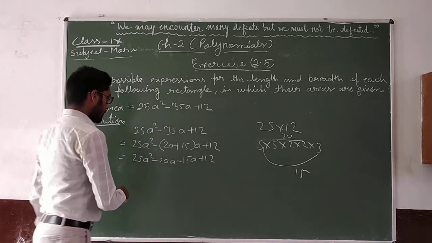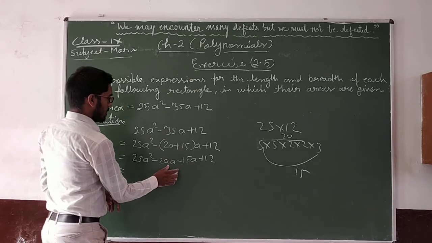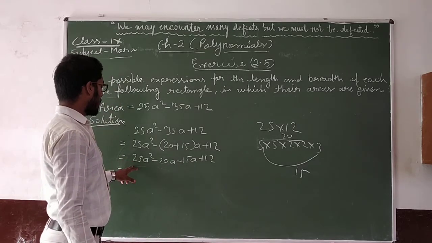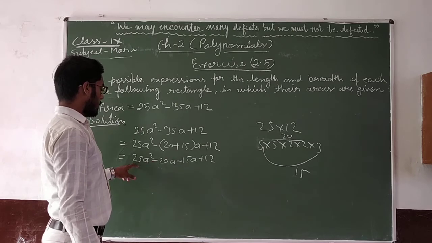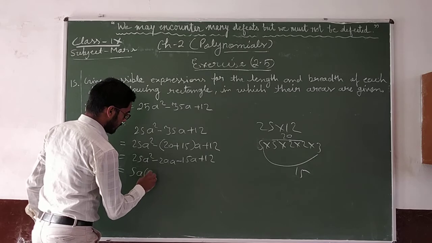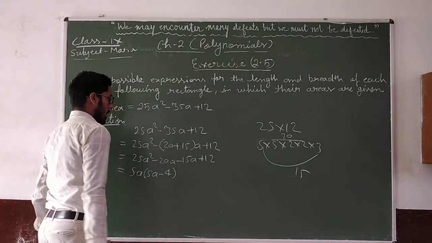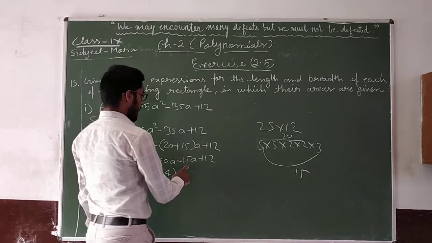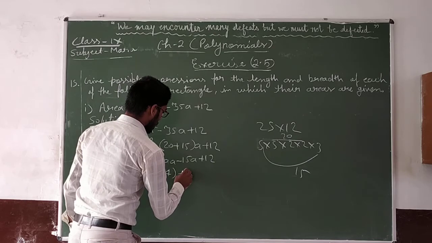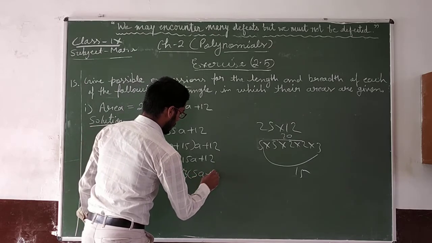Now take common: from the first two terms, 5a is common, then you get 5a minus 4. From the other two, minus 3 is common, then you get 3 fives are 15a minus 4.